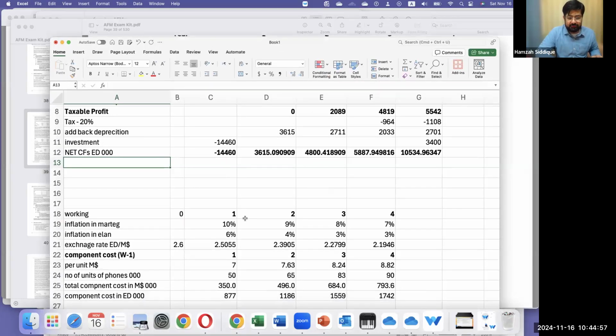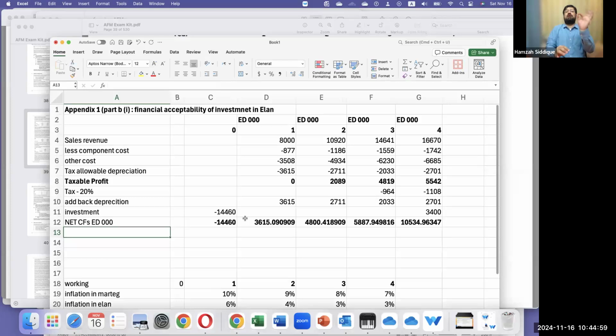Before I proceed further, any single point which is bothering you, I'm here to re-explain. Tell me. This is the working which has been completed for foreign country, Elan. Now we have to start working for Martic, home country of Prysor. If there is any confusion, you can ask, please, before I proceed.